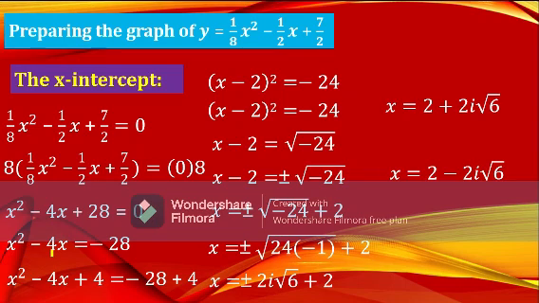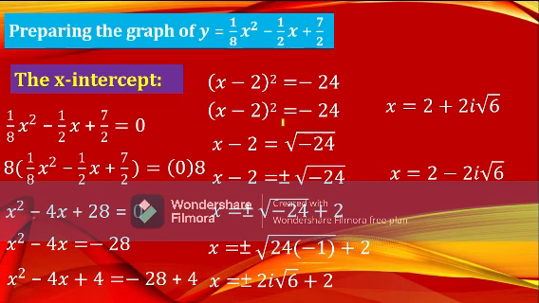Then x² − 4x = −28. So this time, you're going to complete the square. Completing the square, you have x² − 4x + 4, and whatever you added here, you will also add on this side. So that becomes x² − 4x + 4 = −28 + 4. Then (x − 2)² = −24.